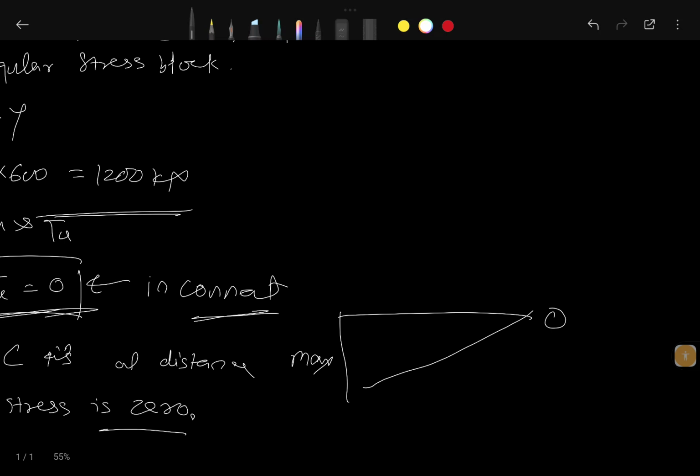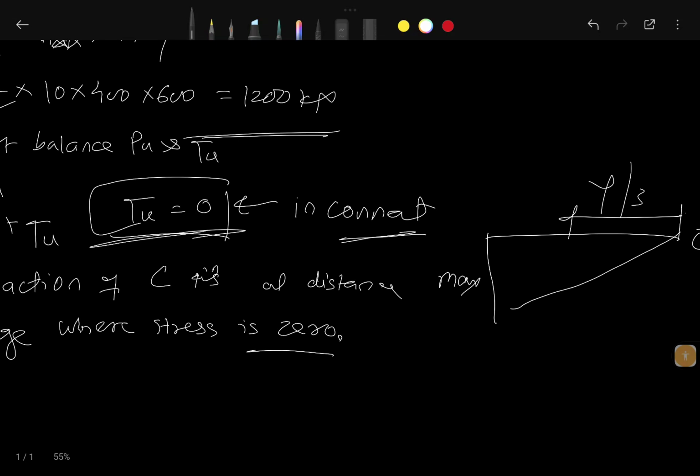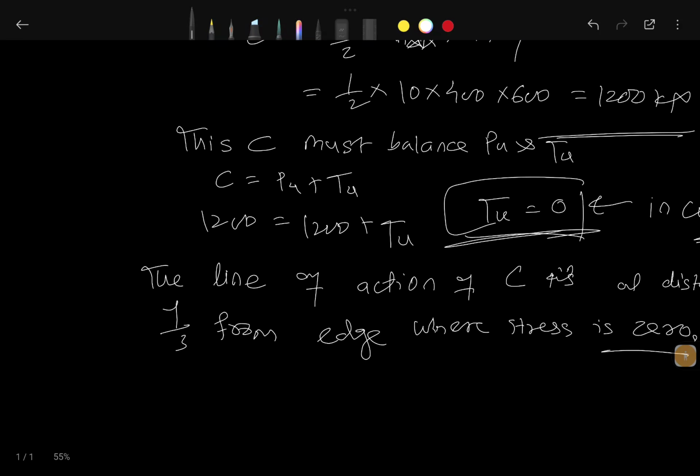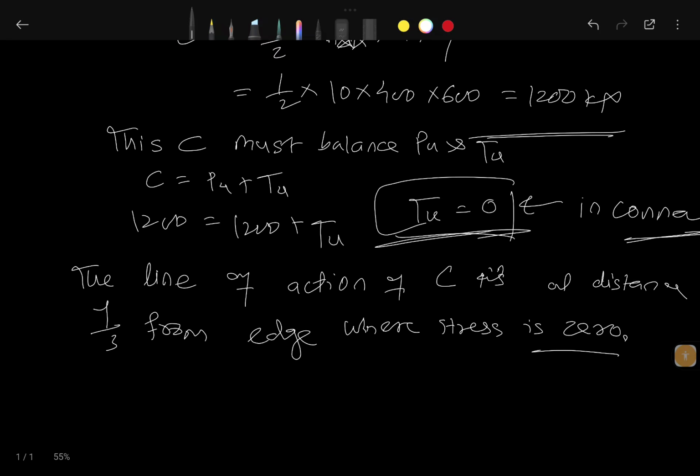Here stress is 0, and here stress is maximum. From this point to this y by 3, we calculate the line of action for compressive stress.